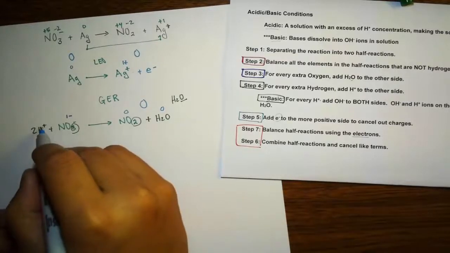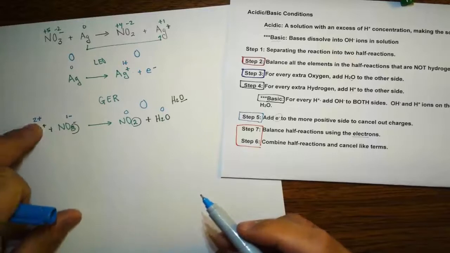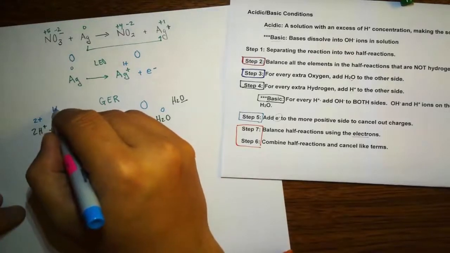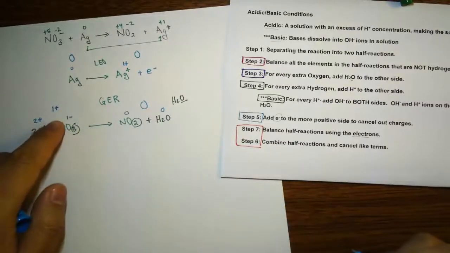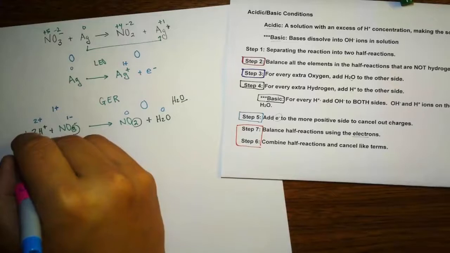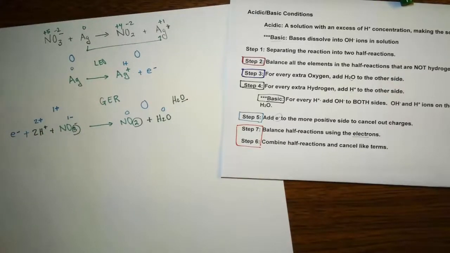Here we have plus, but there are 2 of them, so we have 2 plus. And a 2 plus and a -1 cancel out to be a 1 plus. So how many more electrons do we need to cancel that 1 plus? Of course, just 1 more electron. And that's all we have to do for step 5.